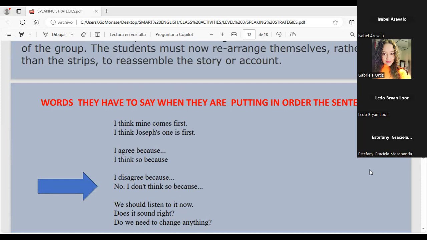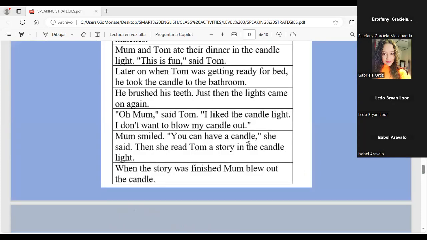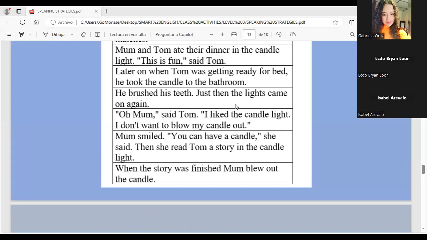I understand. You understand how to do this activity? You can do the story on your own. It's not necessary to search on Google for the story. You can use the story from your book and you can type it.